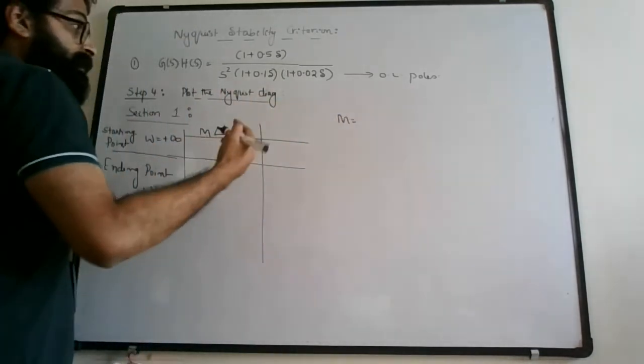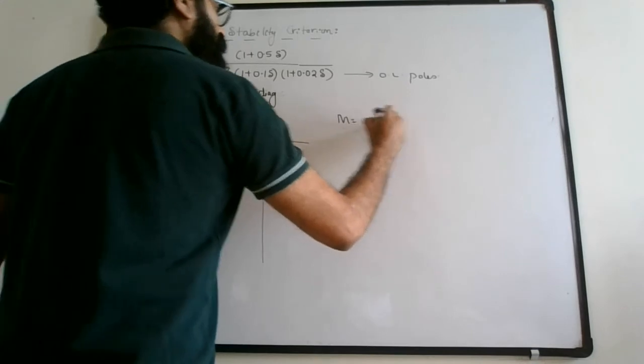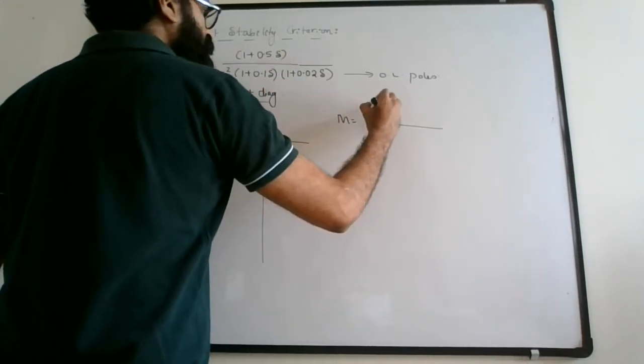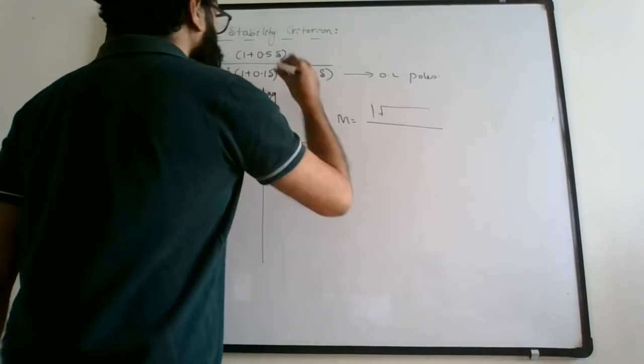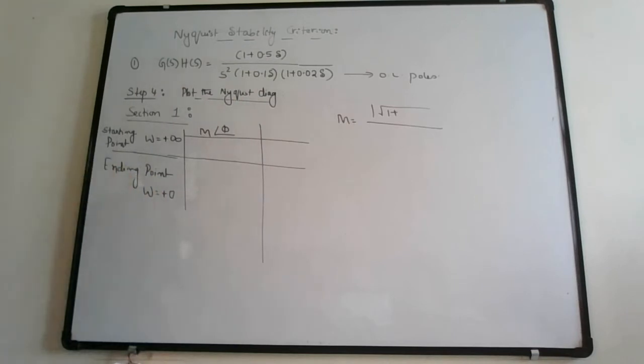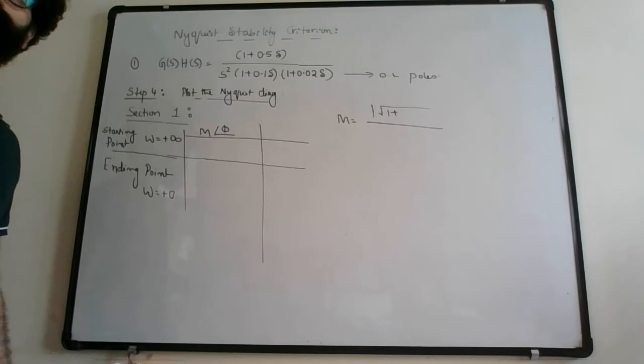So magnitude is nothing but mod of, it is under root 1 plus 0.5 j omega you will get. So it is basically a complex number. So how will you find the magnitude in a complex number? Under root x square plus y square.